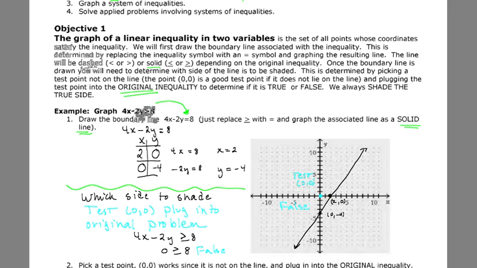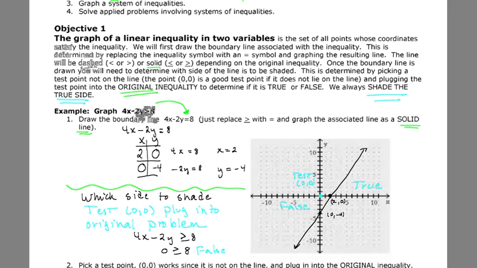How will you know which side to shade? Because we'll always shade the true side. Well, I just found out that this side was false. My conclusion is the opposite side must be true. One side is always true, one side is always false. So if this test point came up to be false, then I can gather that this side must be true, and that's the side I must shade.